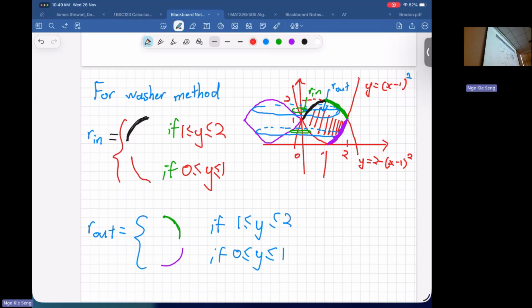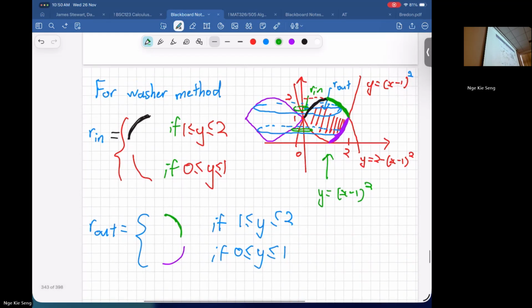From here, y equals x minus 1 squared, right? So we can write that plus minus square root y equals x minus 1, and x will be equal to 1 plus minus square root y. This part, x equals 1 plus minus square root y, is exactly how you split out the two sides of the parabola.